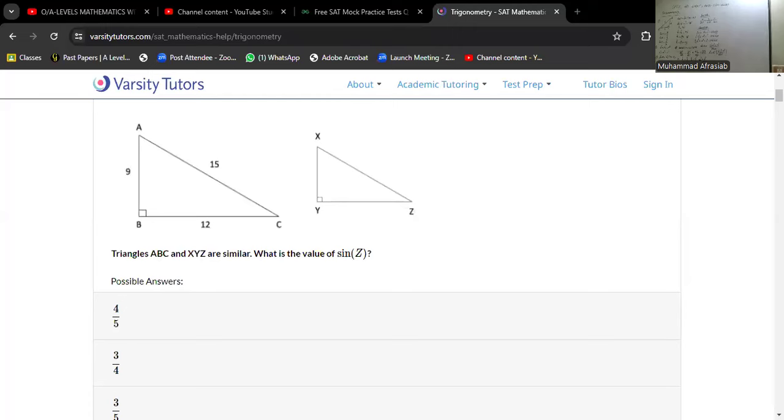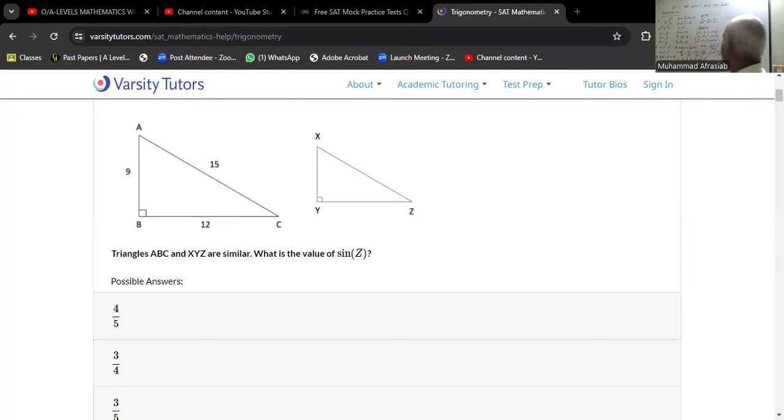Let's say this is the first problem we are going to find. There are two triangles given. Triangle ABC and XYZ are similar to each other. Then what is the value of sine of Z?